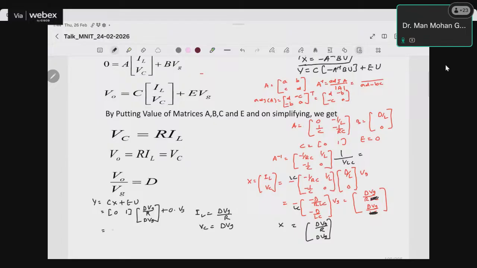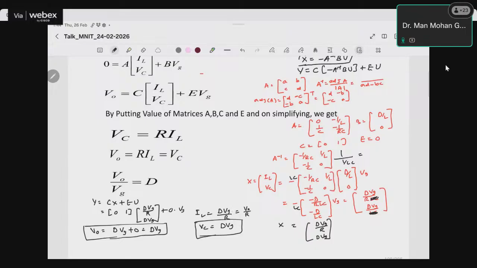So it gives me the value of y equal to dVg plus 0, that is dVg. That is the output voltage, right? So this output voltage and VC both are coming the same. They have to come the same because the converter is ideal. There is no ESR, equivalent series resistance, and this IL is dVg upon R, which is nothing but V naught upon R.